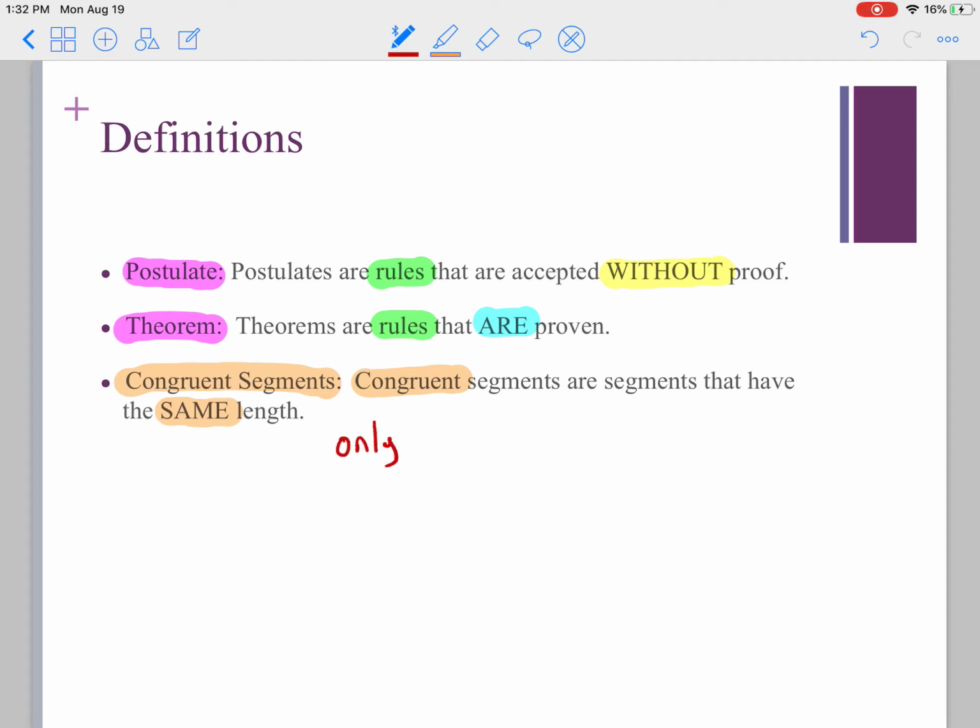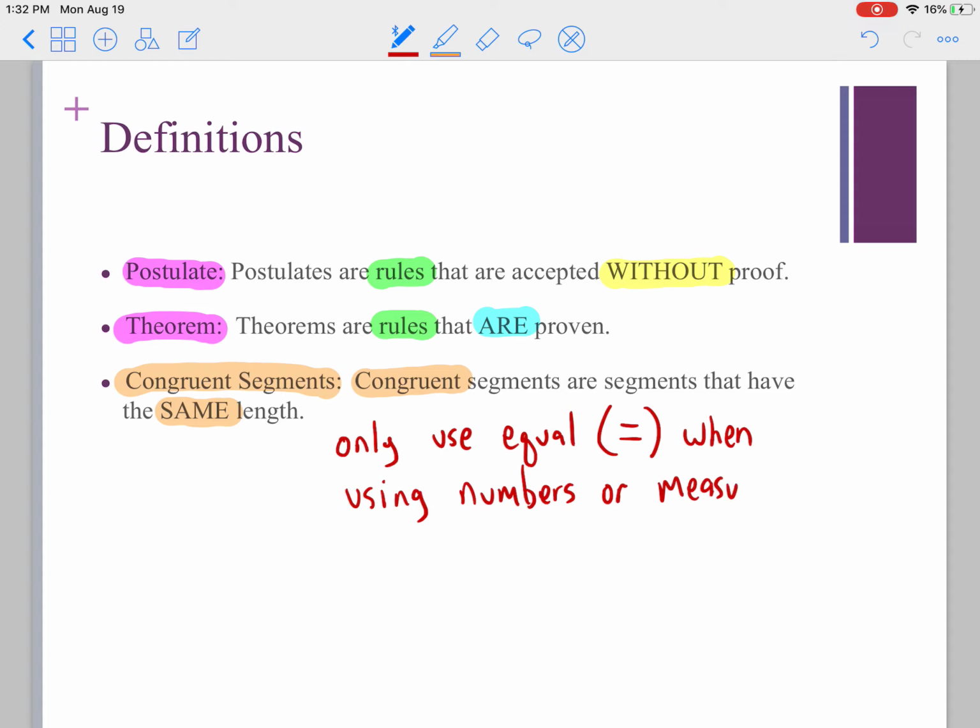only use equal or the equal sign when using numbers or measurements in geometry.